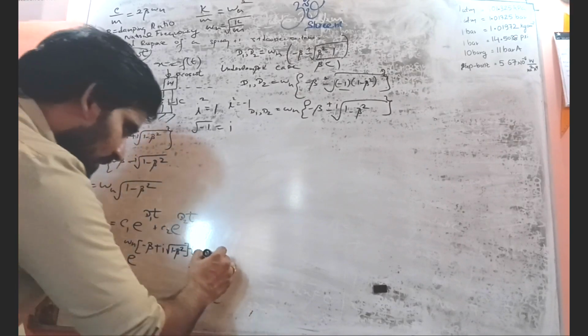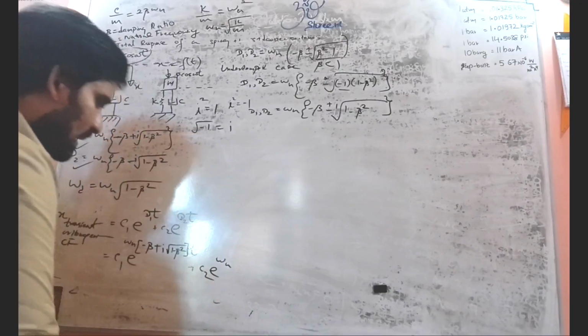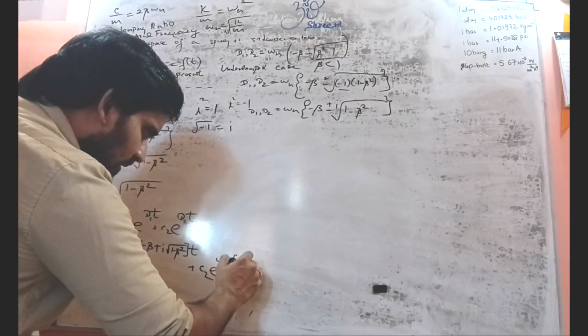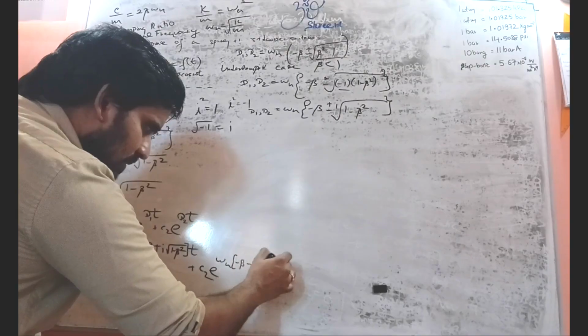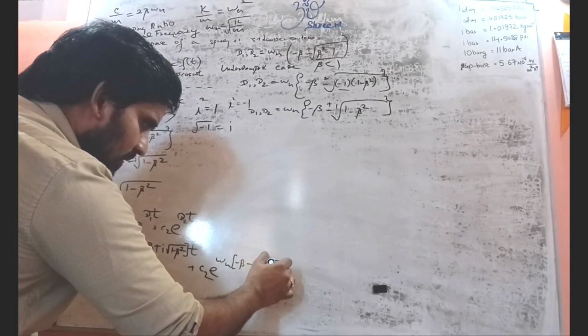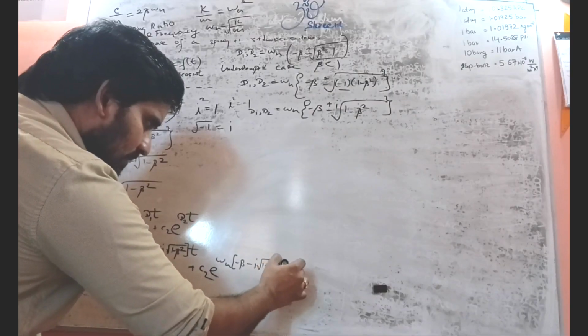What will be that? Omega n times minus beta minus i times square root of 1 minus beta squared, times t, right?